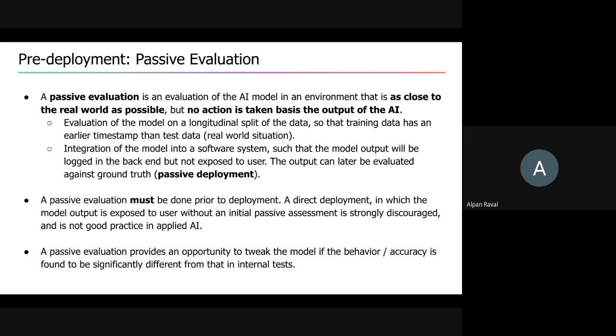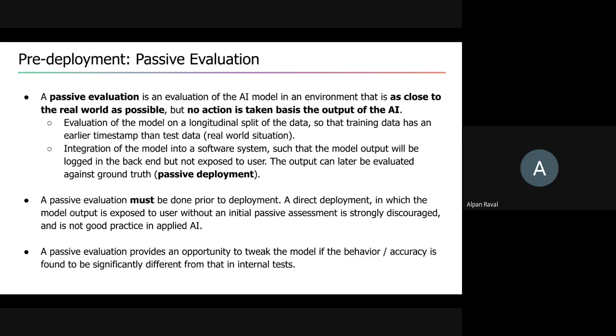A typical step that we would like to do before deployment is something called passive evaluation of the model. This is something we did in LFU. A passive evaluation is an evaluation of the AI model in an environment that is as close to the real world as possible.